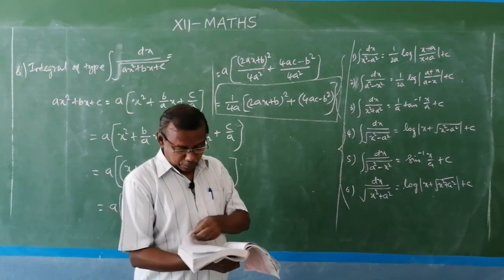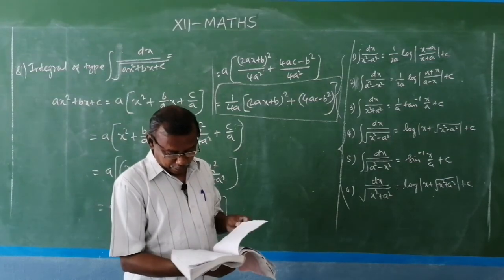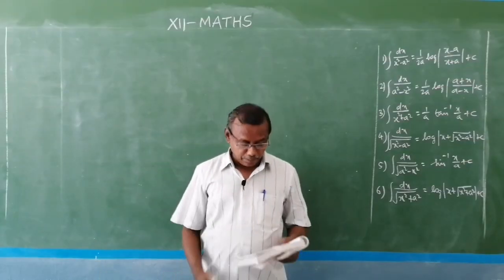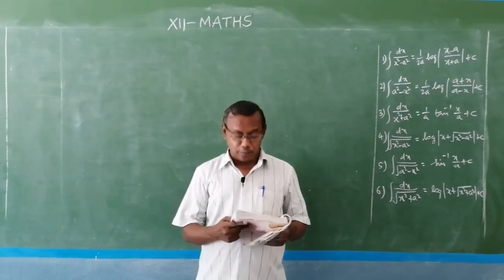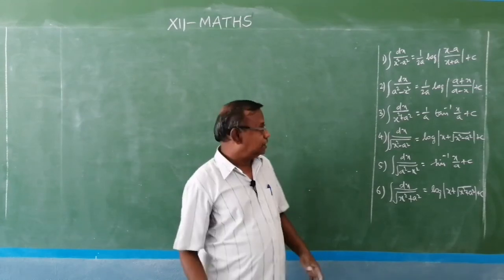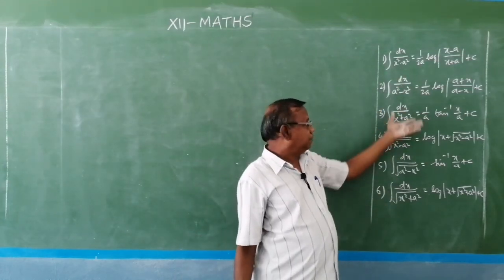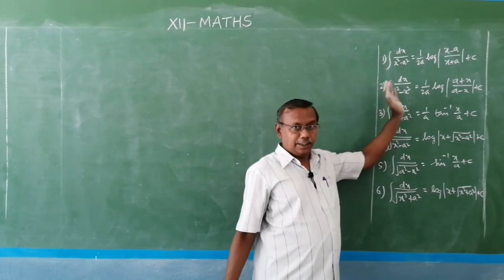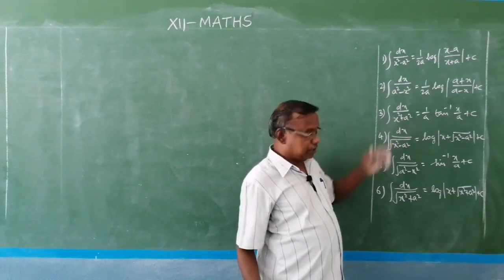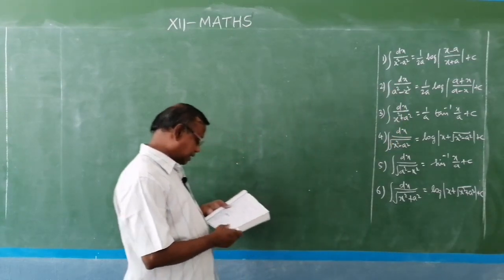Now we do the problems given in exercise 7.4. For our reference, I have written the formula. So applying this formula, every time you look at what type of formula I am using, and what type the given integral is.